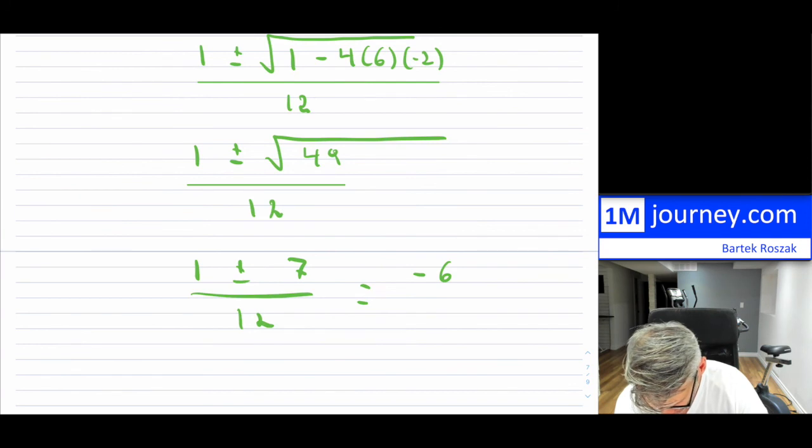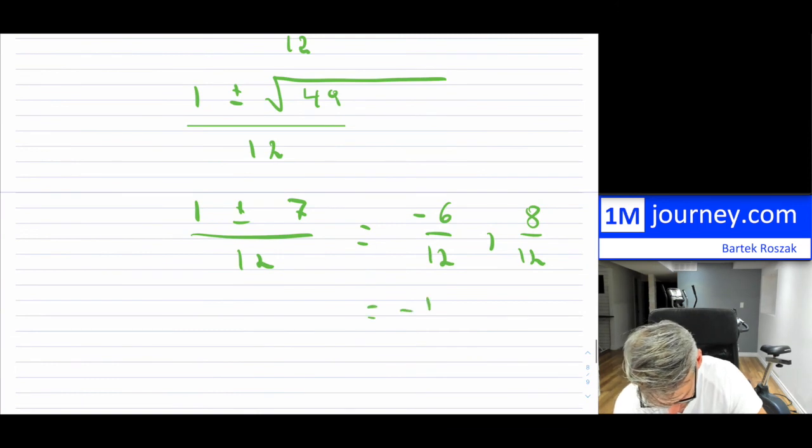And so minus 6 over 12. And then 1 plus is going to be 8 over 12. So this is really a half. And then this right here is, I guess, 2/3.